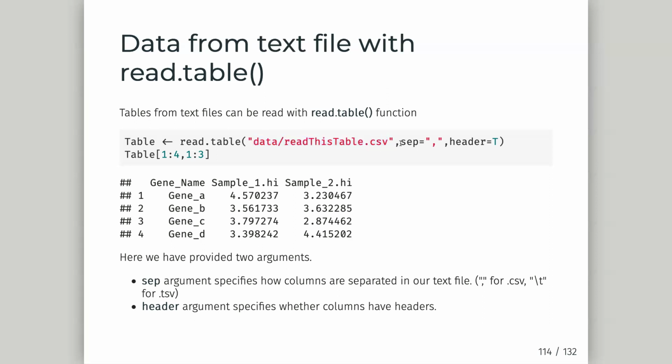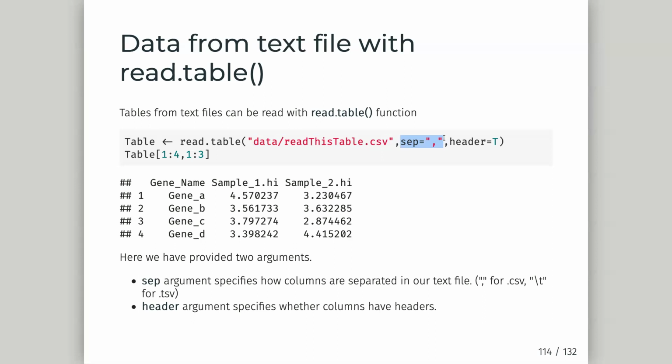We then want to also provide it with two additional arguments here. I think if you do ?read.table, it will tell you the defaults. We could probably do that in a slide or now. But here I'm going to set our separator to be comma. That means the separator between values, columns in your data.